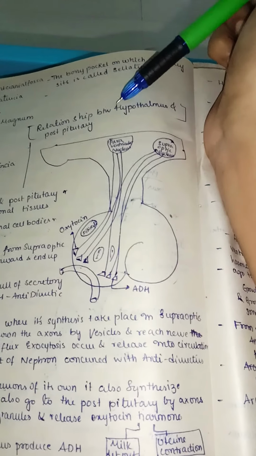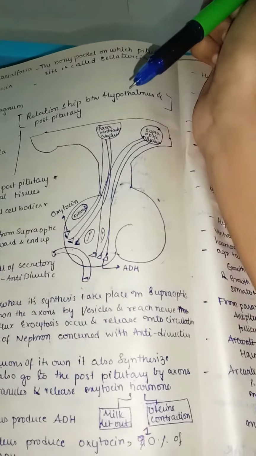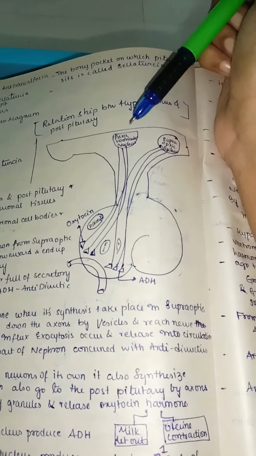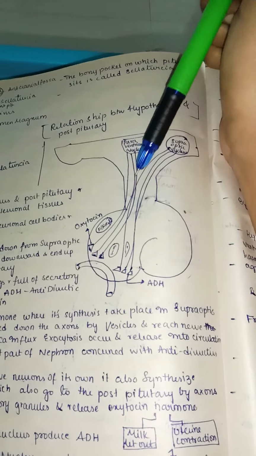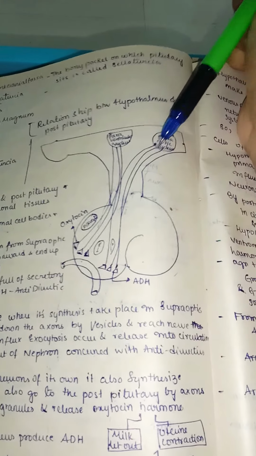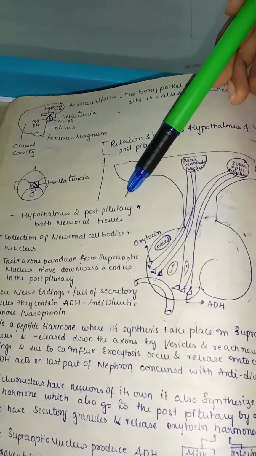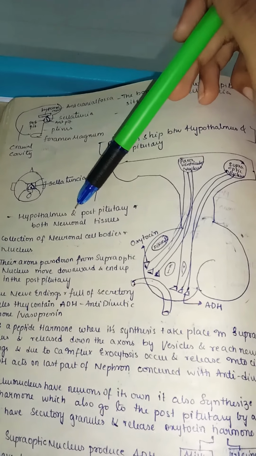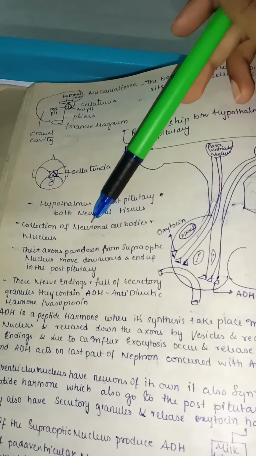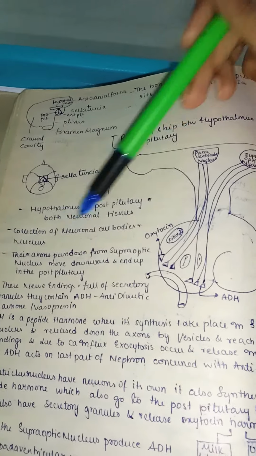Now the relationship between hypothalamus and posterior pituitary. As we discussed, from the hypothalamus to the posterior pituitary we have the neural connection, whereas from the hypothalamus to the anterior pituitary we have the vascular connection. Hypothalamus and posterior pituitary are both neuronal tissues, and a collection of neuronal cell bodies is nothing but a nucleus.